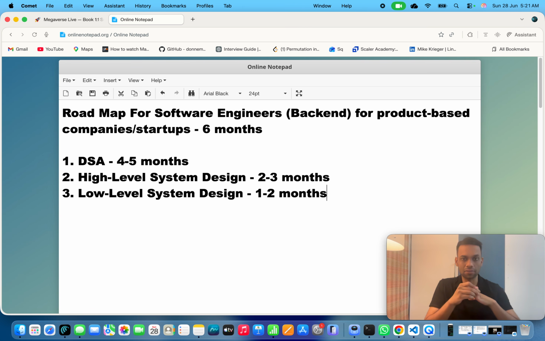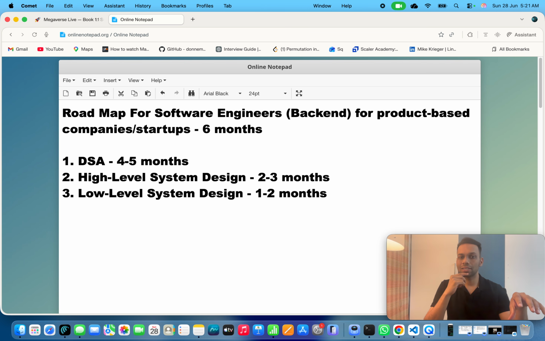Suppose you are given a design of Flipkart, maybe an e-commerce system. In high level design you design the services, like how the user will interact with the services, how the flows are gonna happen, whether it is REST or maybe queue based, and what type of database you're gonna use. Those aspects come into high level system design.